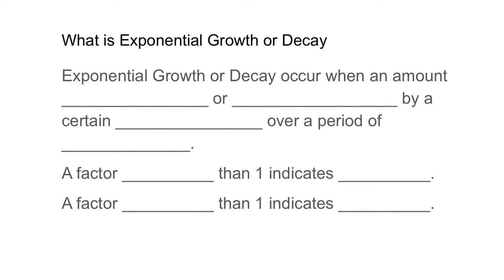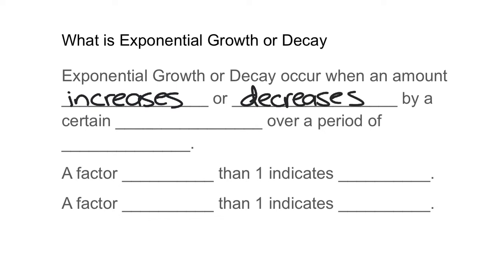So exponential growth or exponential decay occurs when an amount increases or decreases by a percent over a period of time.